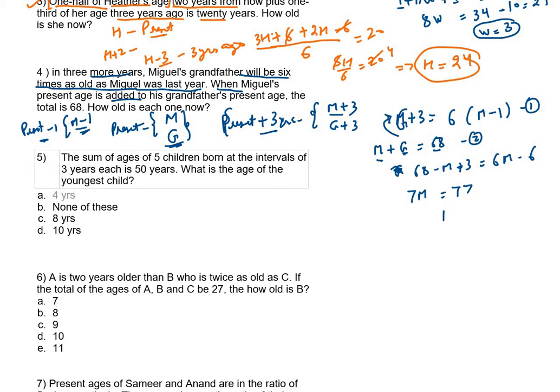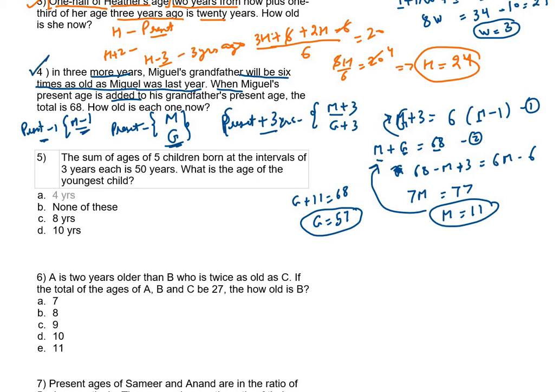So how simplified it became. So m equals 11, and if we put m in the second equation, we get g plus 11 equal to 68. So g is 57. So we found the ages of Miguel and his grandfather in the present time, 11 and 57.